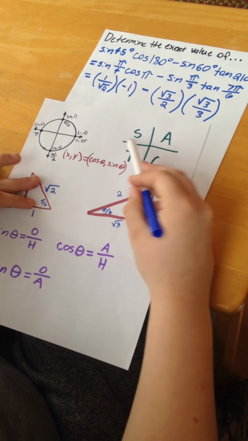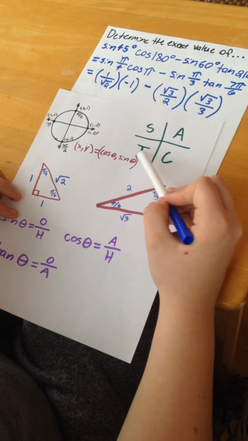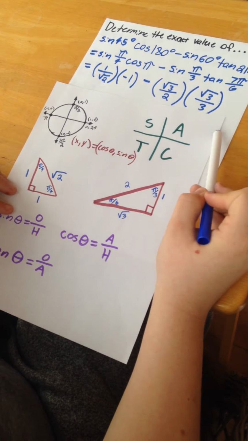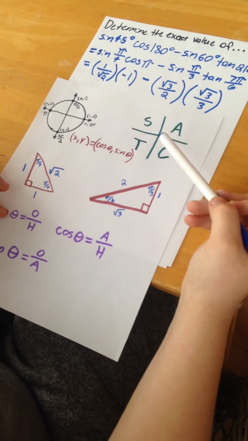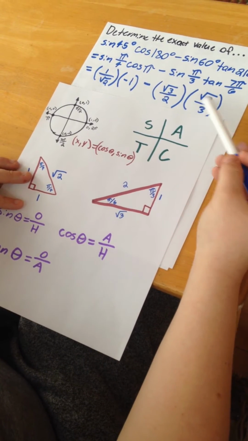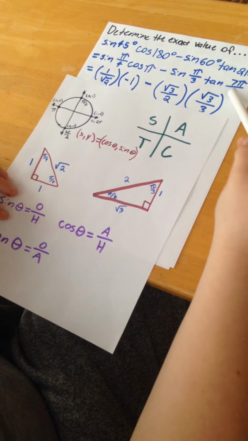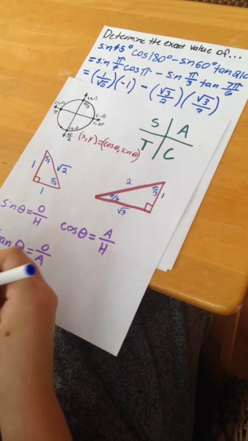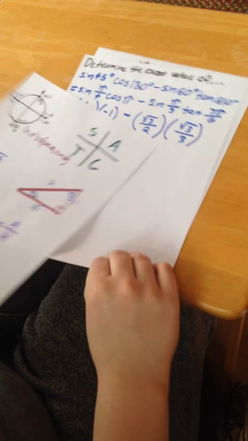And again, we look at the CAST rule, and we know that pi over 3 is in the first quadrant, so they're all positive anyway, so sine would be positive, so that just means it's root 3 over 2.